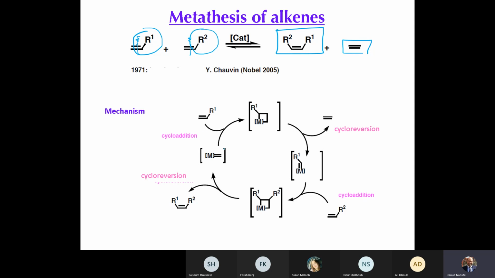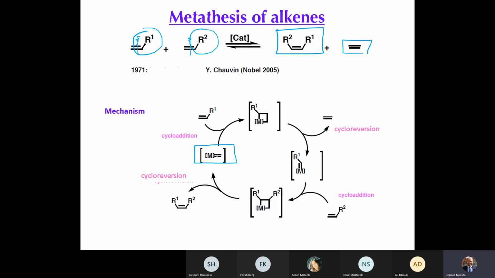So what is the mechanism used? First of all, we have metal carbene, metal alkylidene or metal carbene. Okay, this is the initial catalyst. We have to use ligand 1 and ligand 2. Ligand 1 or ligand 2 can be added on the metallic center by ligand addition if we have normal complexes.